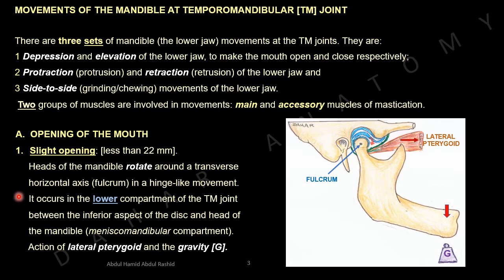It occurs in the lower compartment of the TM joint, between the inferior aspect of the disc and head of the mandible, that is menisco-mandibular compartment. It is done by the action of lateral pterygoid muscles and gravity.